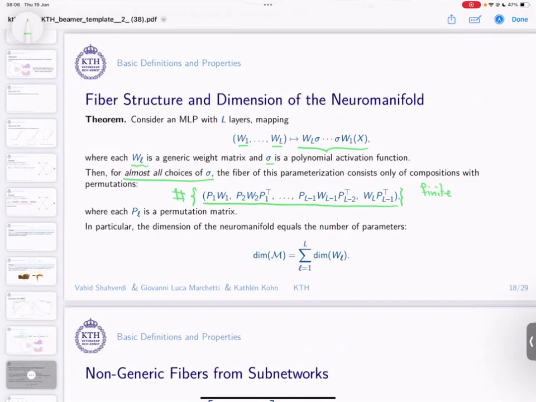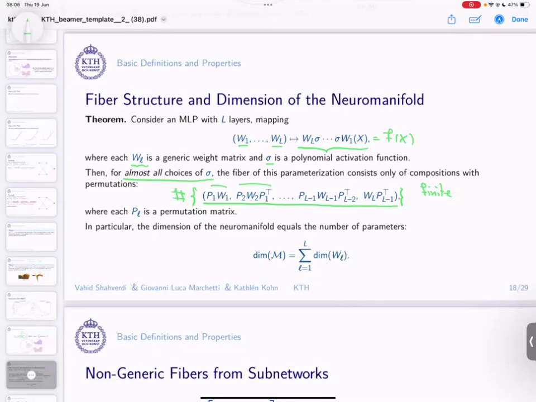If you include all the permutation symmetry, all of them give you the same function, which I call f_x. In the first layer, you have P_1 W_1. In the second layer, you have P_2 W_2 P_1 transpose. So P_1 transpose and P_1 are going to cancel out.